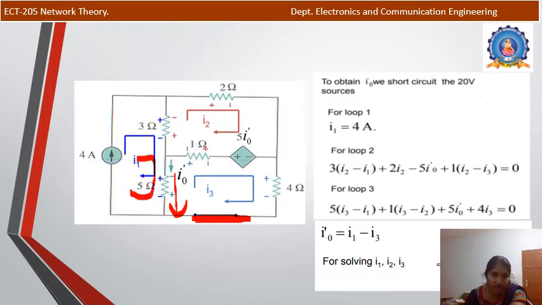Since we are taking this as I1 and this as I3, this current will be I1 minus I3. So solving I1, I2 and I3, we can find the value of I0. In order to solve this, you can use three equations and three unknowns. We can solve easily.